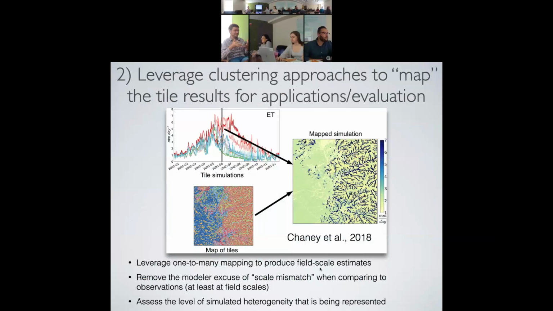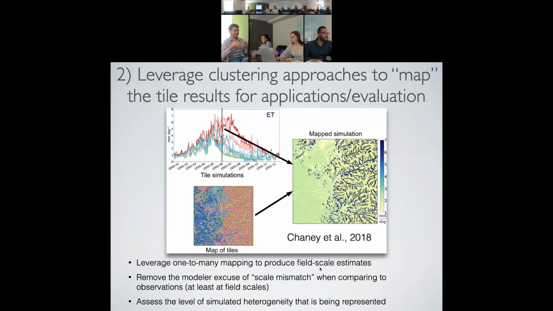The second one is that if you actually save these tiles and have this information, it gives you a way to map your tiles for applications evaluation. So when the in situ soil moisture probe comes along and we have no way to validate our offline model, our argument tends to be, well, scales are different, therefore we can't compare them. But this allows us to break that dynamic. If you have the right number of tiles, you can, quote unquote, downscale, but you're not really downscaling.